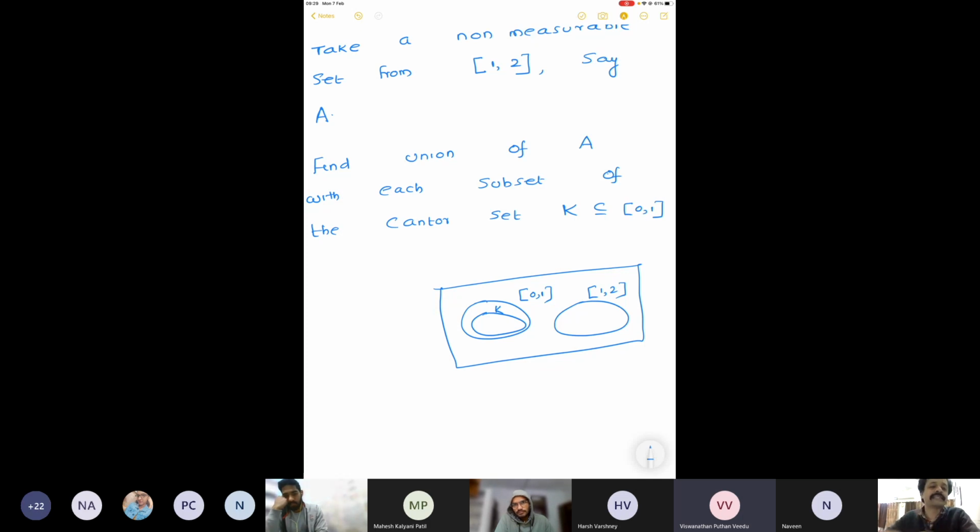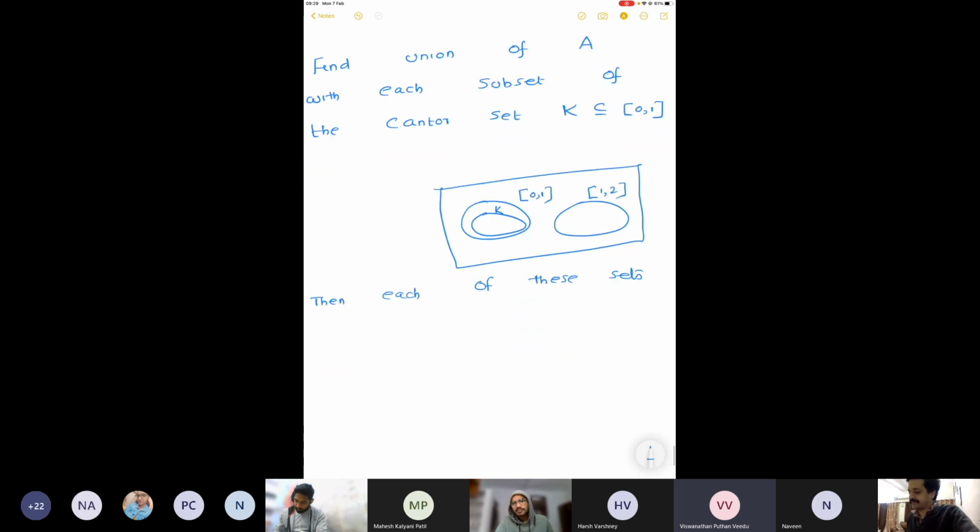Assume it is measurable and see what happens. So each of these sets, I mean the union of A with a subset of K, is non-measurable.